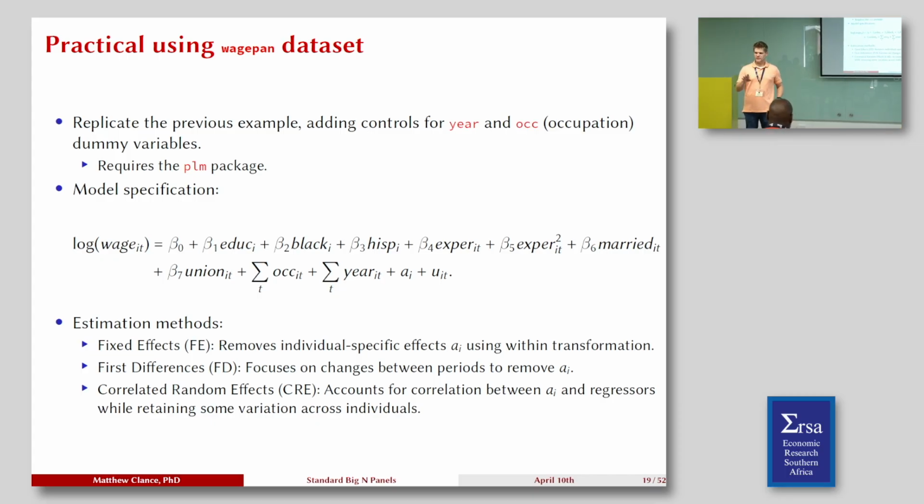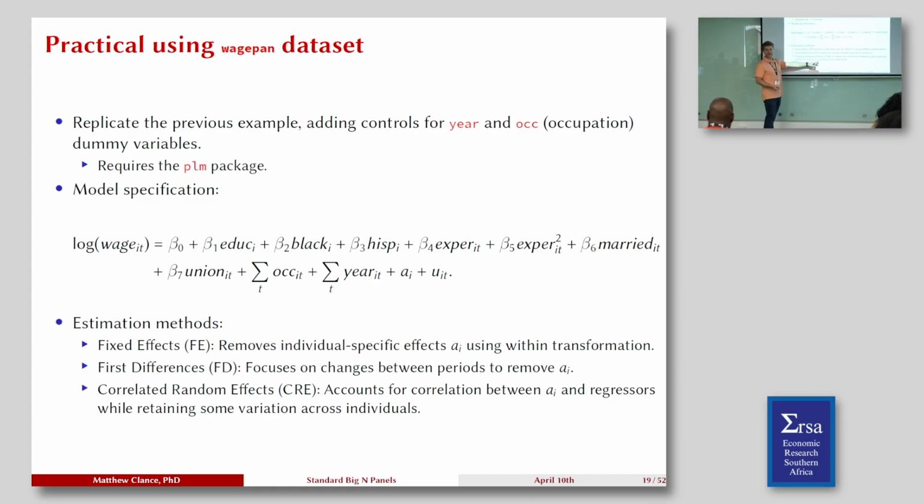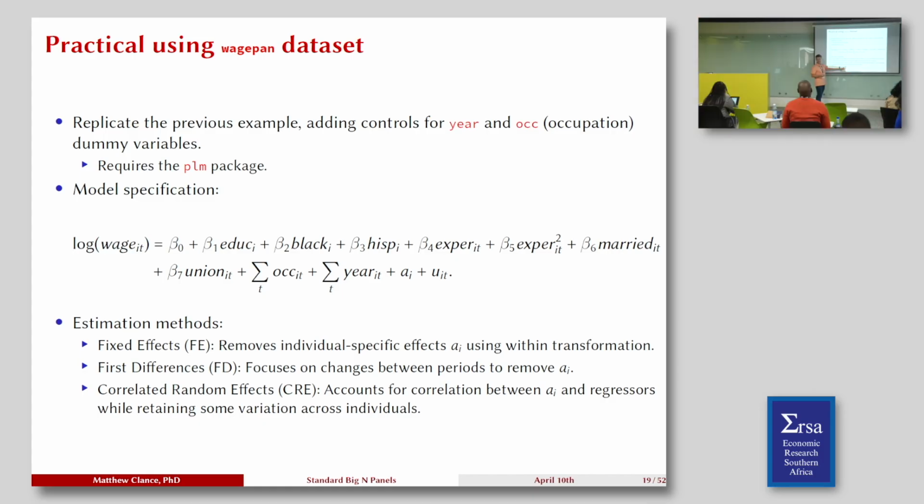So 20 minutes, we're using the wage pan data set. We're going to be using the PLM package. And it's the exact equation we're running here. So these two should be straightforward, right? But make sure you only put what's required within the equation. Don't just throw in everything. Make sure that you're keeping track of what goes in and what doesn't. And then we'll come back in 20 minutes to walk you through it.